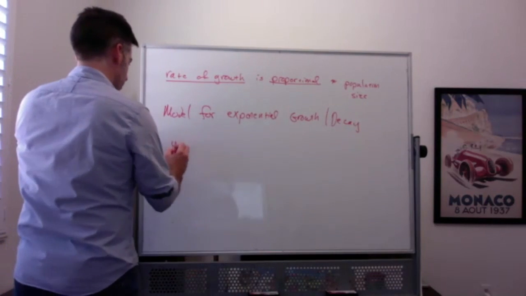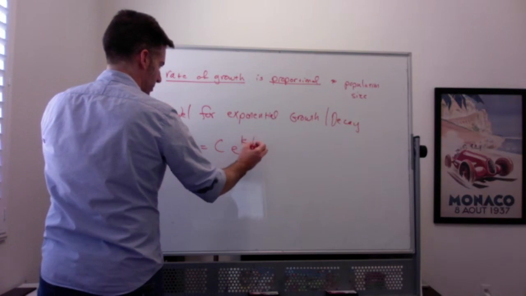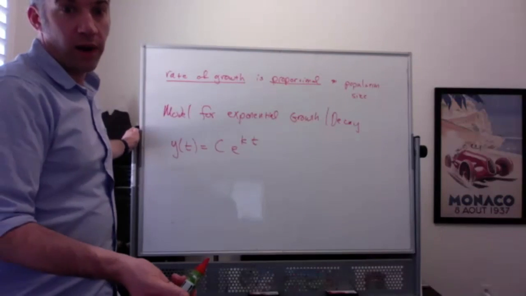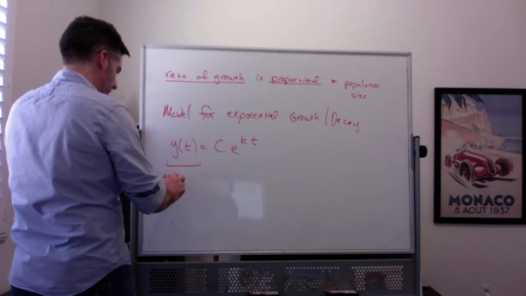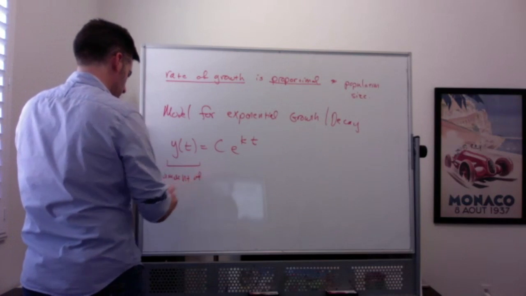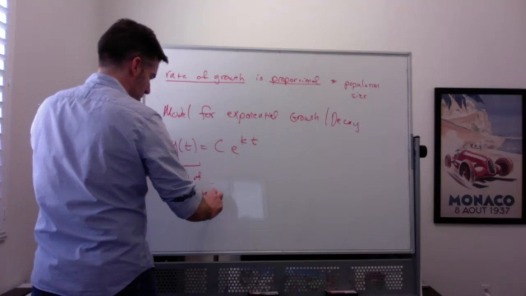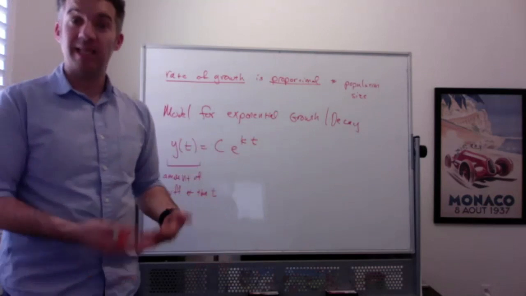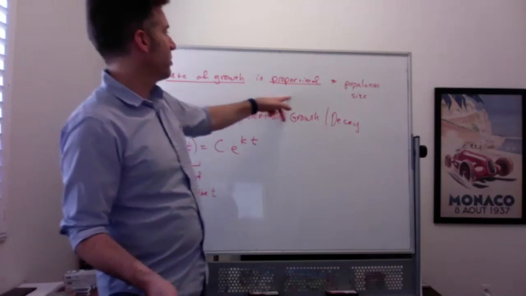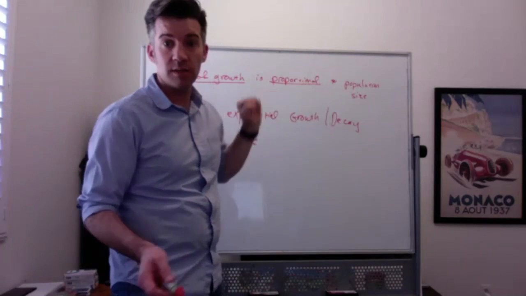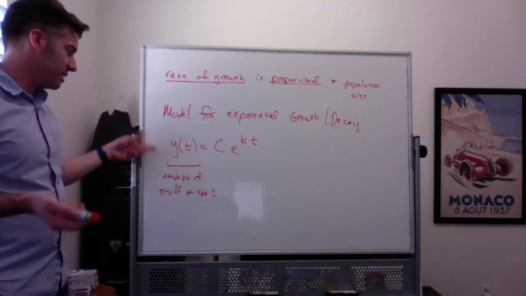It's given this way: y of t equals c e to the k times t, where y of t is the amount of stuff at time t. So that could be the amount of money, like A of t when we talked about compounding interest.